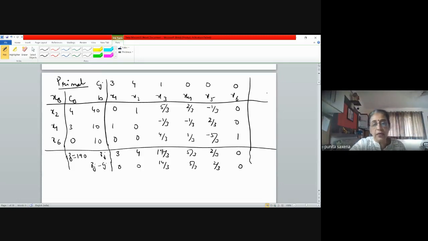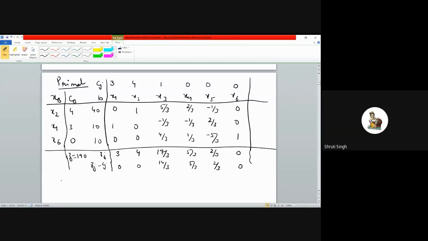Yeah, that's right. But then what happens is that I'll come to this 14/3 later on. Let's see here. How much is your Y1? From the dual, how much is your Y1? 5/3, right?